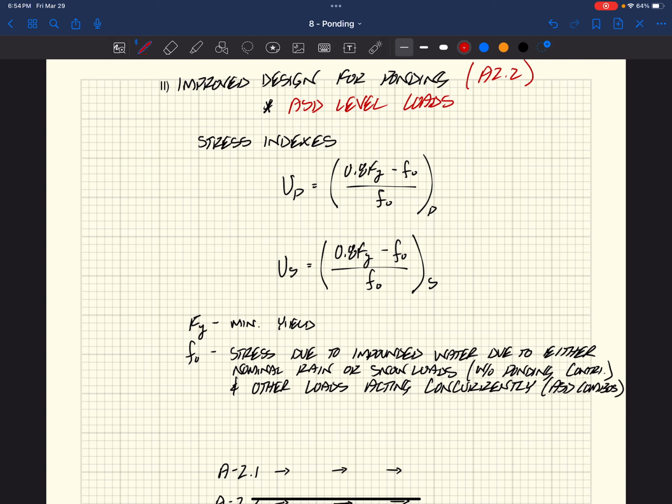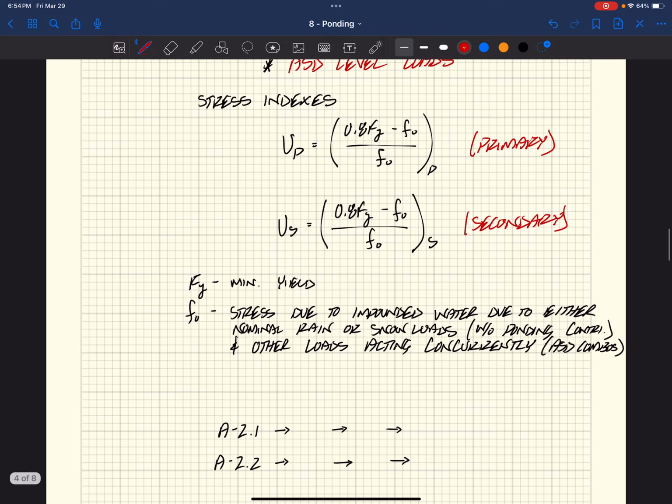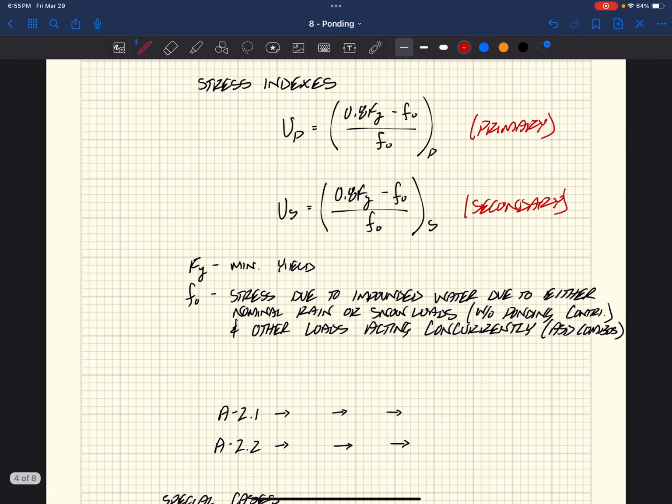They give us a stress index for the primary and secondary directions. Primary and secondary. Okay. So very simple equations, right?